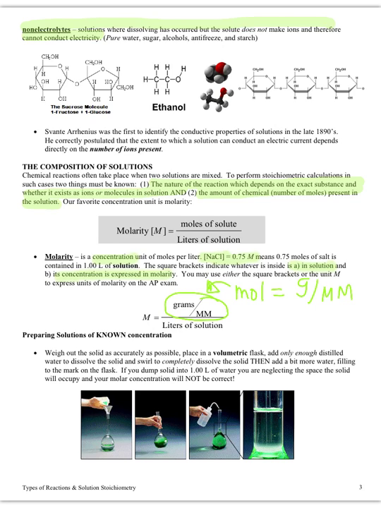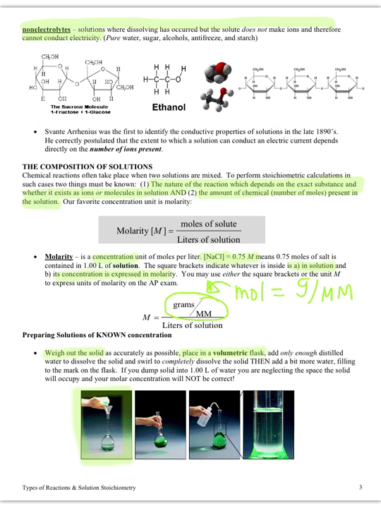Step number 1, weigh out the solid. And step number 2, place it in a volumetric flask. You can see these steps being completed here. You have the solid in this person's hand. They're dumping the solid using a funnel into a volumetric flask.